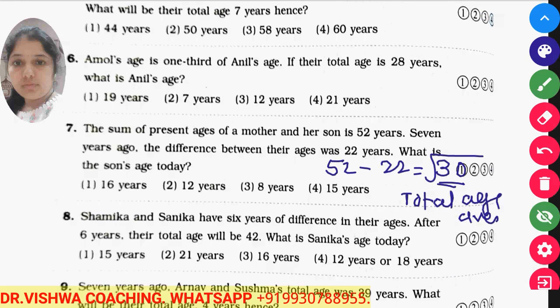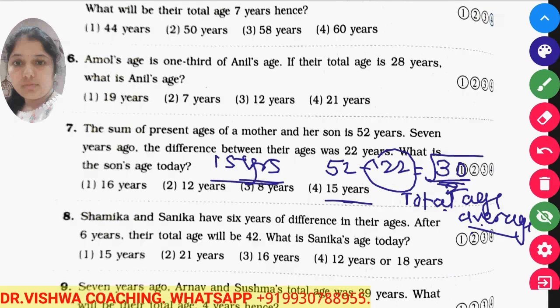If we divide this 30 with 2, we will directly get the son's age, which is 15 years old. Okay, so son's age is 15 years old.